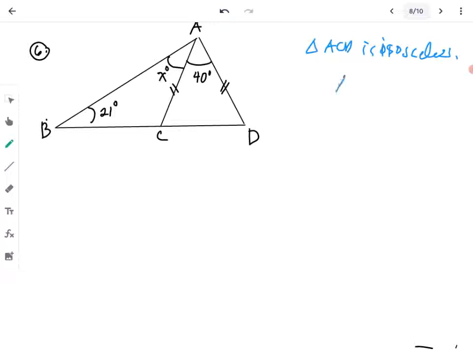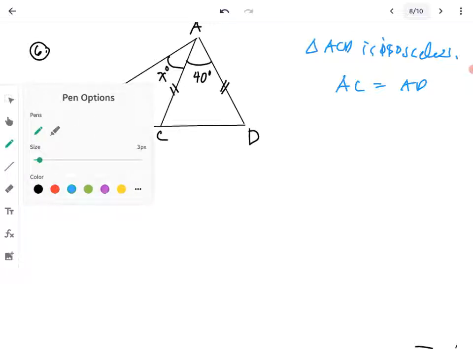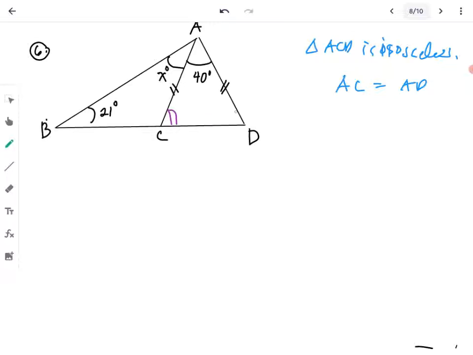Look here. AC is equal to AD. So their opposite angles are also equal. And if we find the measure of this angle, we can use that to make an equation of x and 21. So let's solve first the angle ACD.